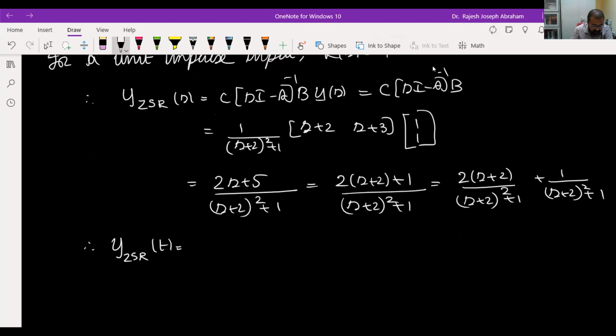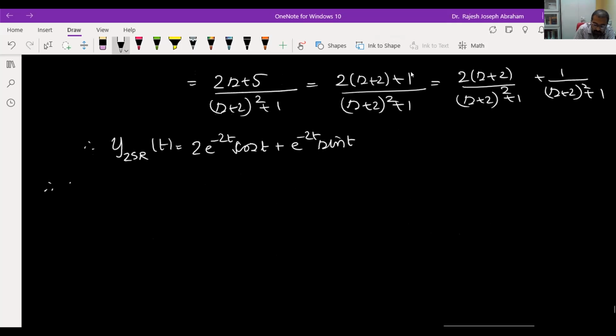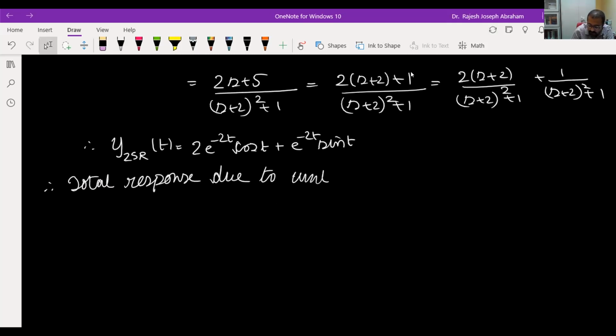L inverse of this thing. So you will get 2 e raised to minus 2t cos t plus e raised to minus 2t sin t. So what is the total response due to the impulse input? Therefore, the total response due to unit impulse input will be what?